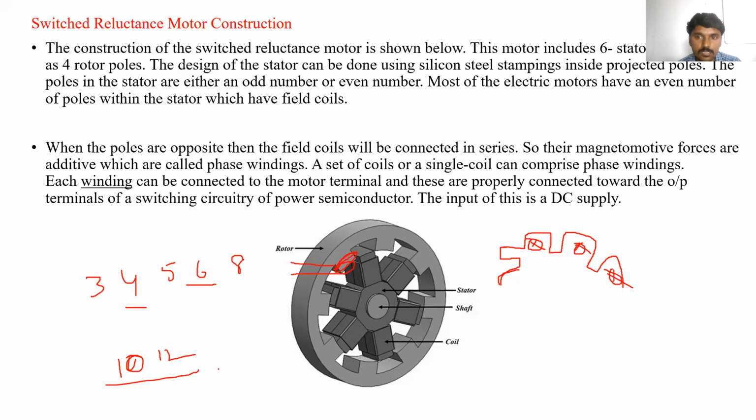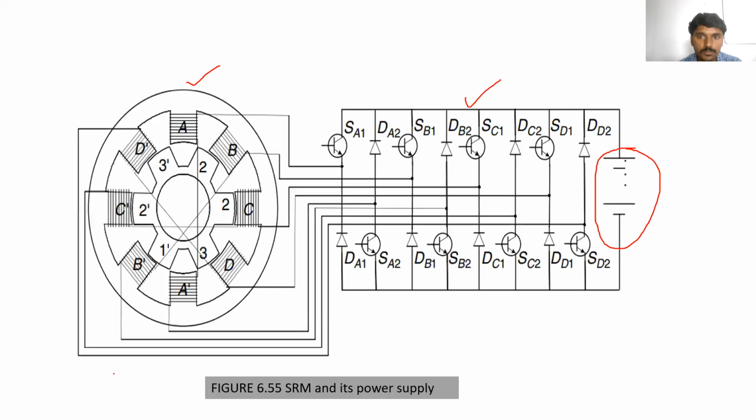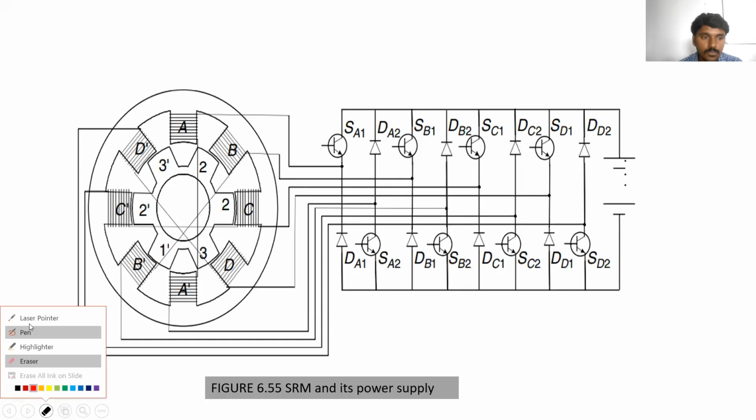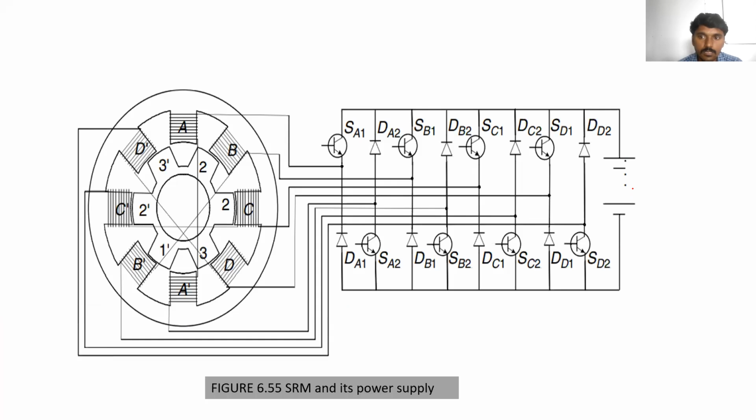The input of this is a DC supply. So here you can see from this diagram, the input is the DC supply, and this DC supply is given to the inverter circuit.